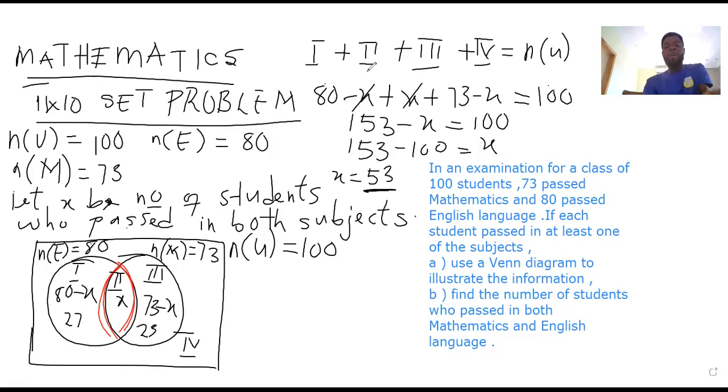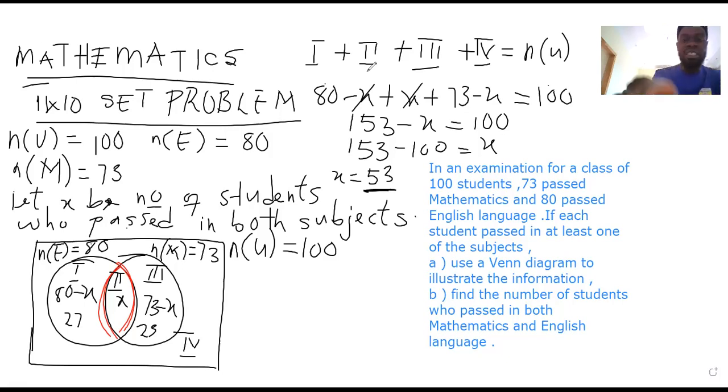Now you can be asked to find the number of students who pass in only one subject or exactly one subject. When you are being asked that question, it means you are supposed to add the number of students who pass in English only to the number of students who pass in mathematics only.